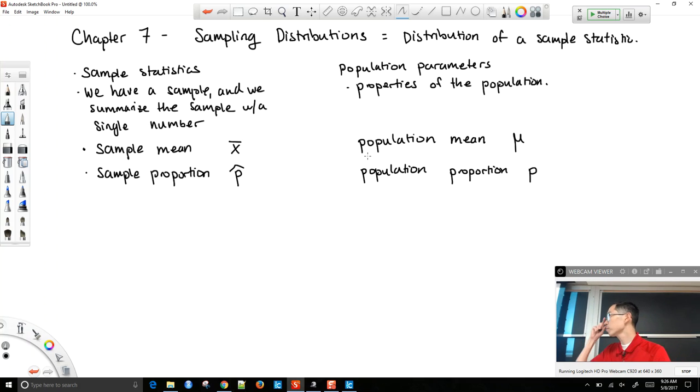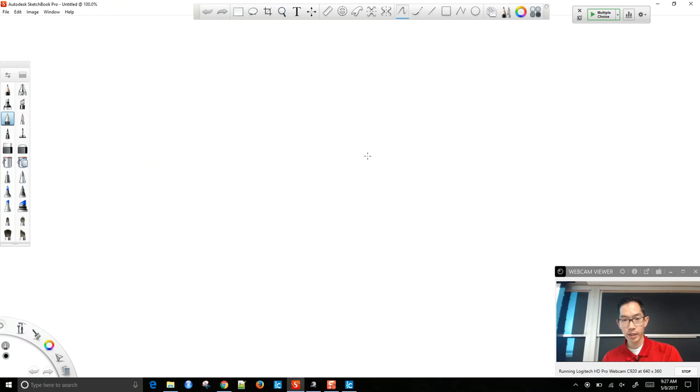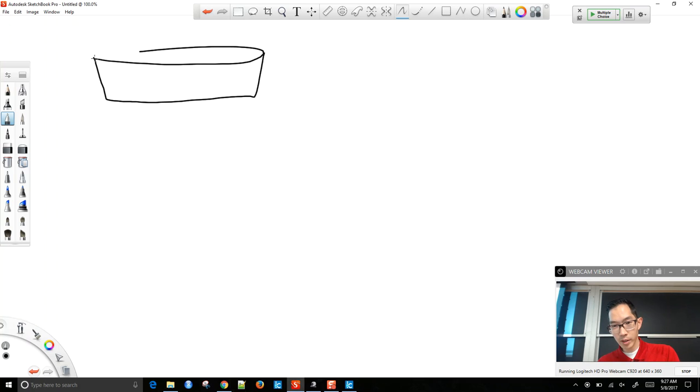All right, and we are talking about the distribution of a sample statistic. Let me try to give you an example or an idea of how this kind of works. I'm going to flip to the next slide. Imagine I buy a big tub and I decide to fill it up with M&Ms.